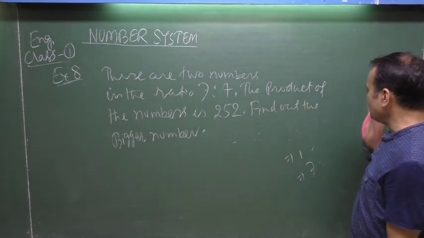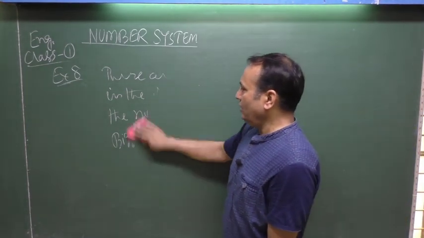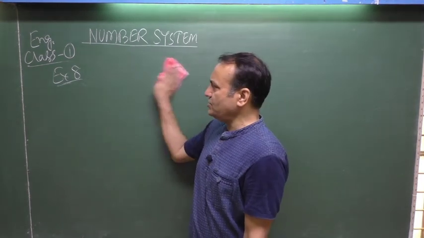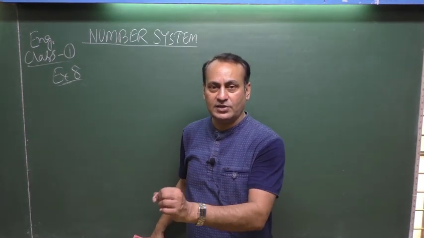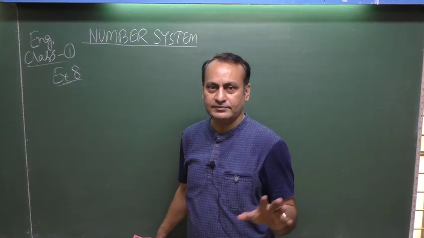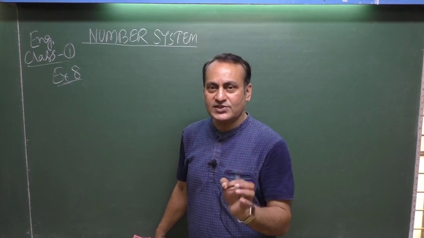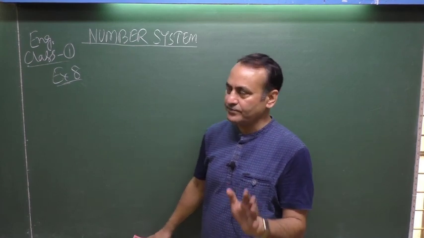If two numbers are in the ratio and question says the product is something, you must opt x. You must opt x. Okay?